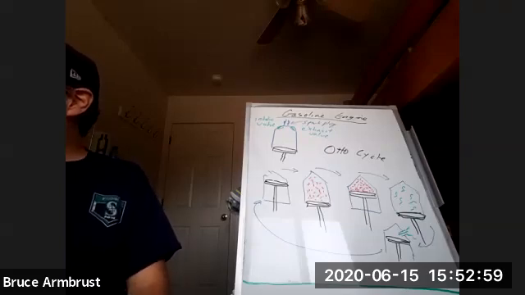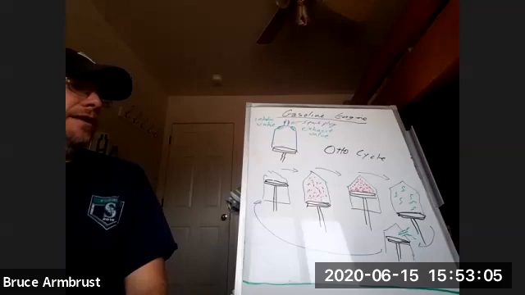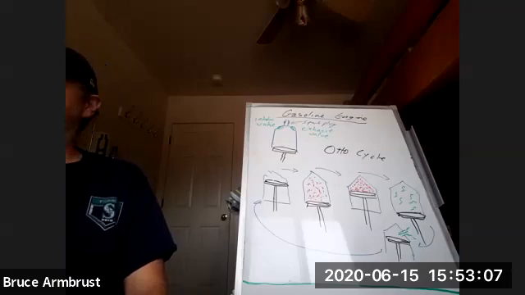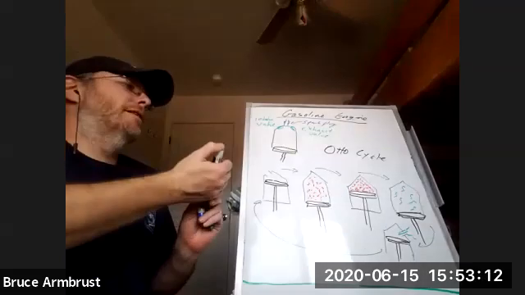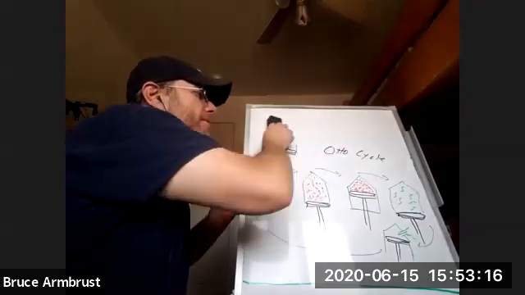Okay, so what I want to do is look at each of these stages and try to draw it on a PV chart. So we can actually look at that cycle and think about how much work is done and all that good stuff.